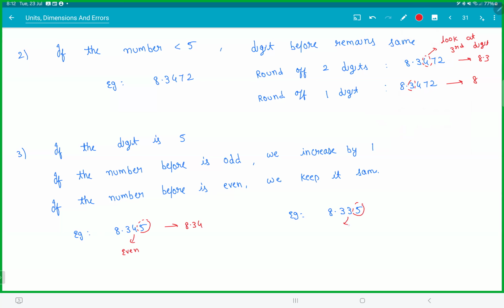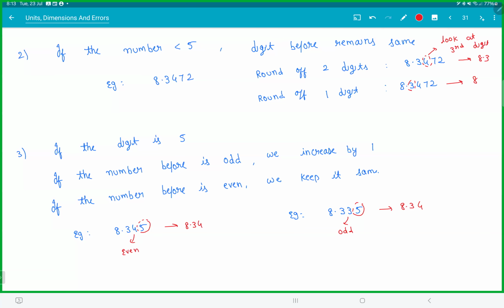This is 5 and the number before is odd, so I will make this 8.34. Making sense? So if it is 5, this is the rule. Greater than 5, there's no confusion. Less than 5, no confusion. It makes sense also. Equal to 5, it doesn't make sense, but we don't have a way out actually. Have to make something.